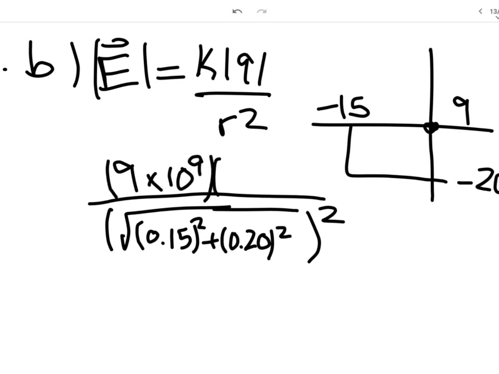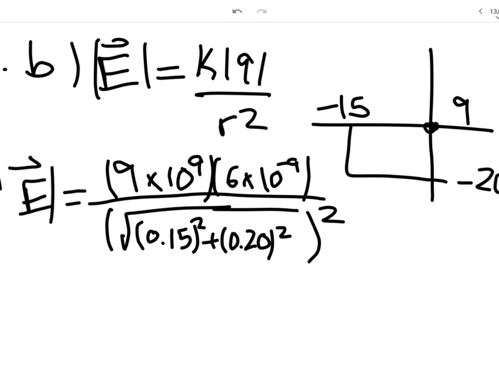You also have Q, which is 6 times 10 to the minus 9, from nanocoulombs to coulombs. And then you have E equal to this, which is equal to 8.63 times 10 to the minus 2 newtons per coulomb.